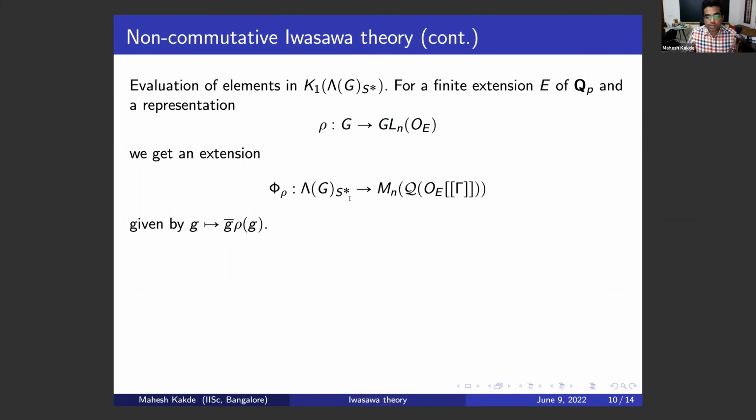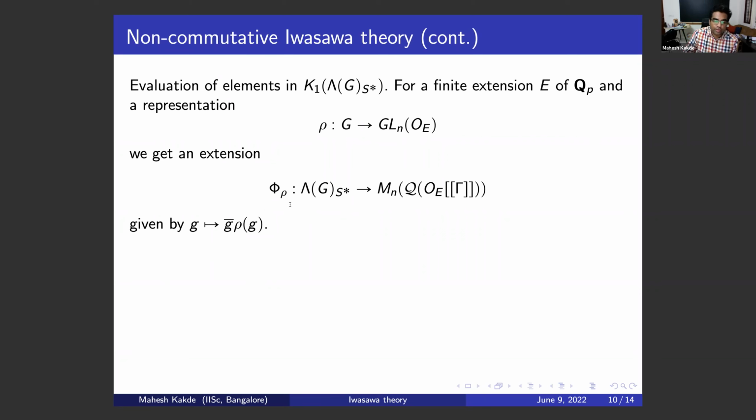One can show that you can extend rho to a map from Lambda(G) to M_n(O_E), and then extend it to a map from Lambda(G) to M_n(O_E) tensored with O_E double bracket Gamma, by simply sending g to rho(g) tensored with g-bar, where g-bar is the image of g in Gamma. Remember that Gamma is a quotient of capital G.